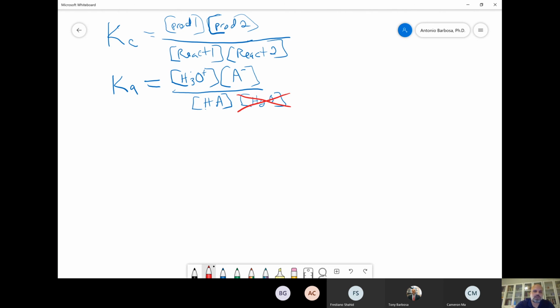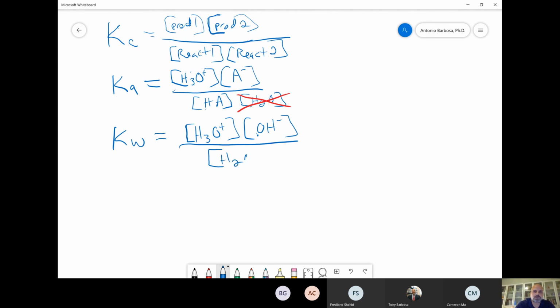Then we have Kw. Kw is the same thing. The only difference is now we would typically have our hydronium ion times our hydroxide ion, usually all over water, because our equation looks like water plus water is in equilibrium with the hydronium ion plus the hydroxide ion.